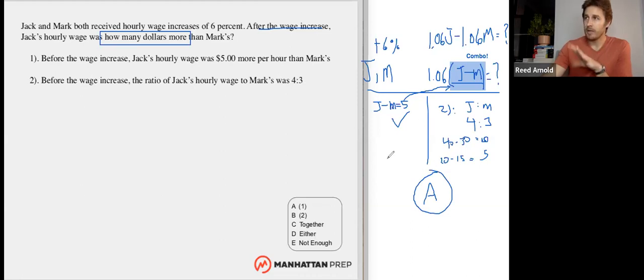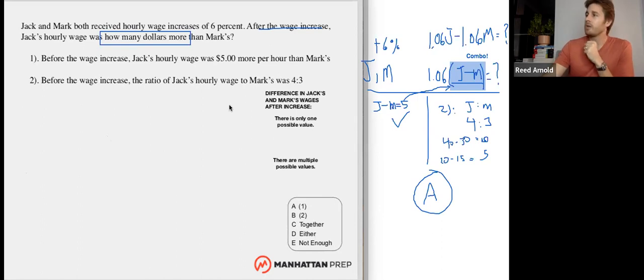Okay. Now, to lay this out, first off, ultimately on a data sufficiency question, you're wondering, is there always one answer to what is asked, or are multiple answers possible? A value question like this is asking for a number. How many more dollars was Jack's wage than Mark's? That's a number question. That answer would be a number. Well, there are 2 possible outcomes that I'm curious about.